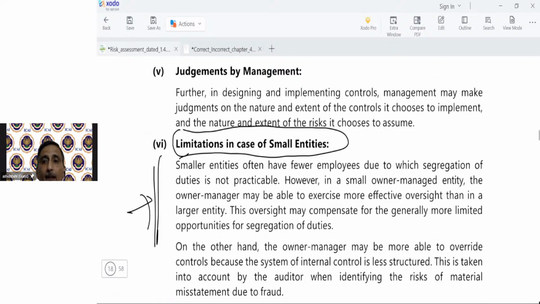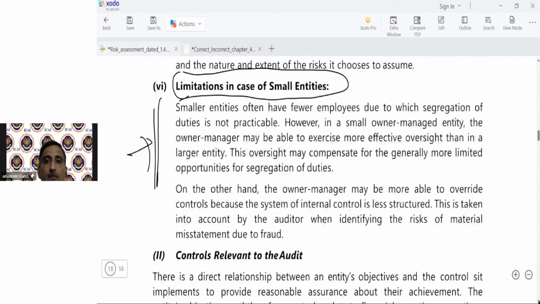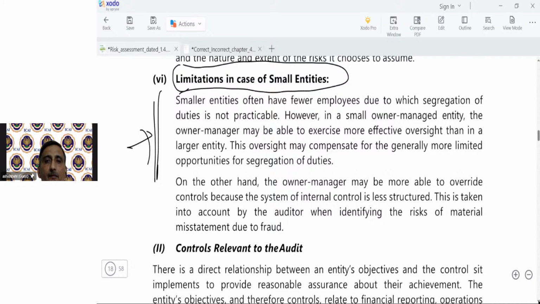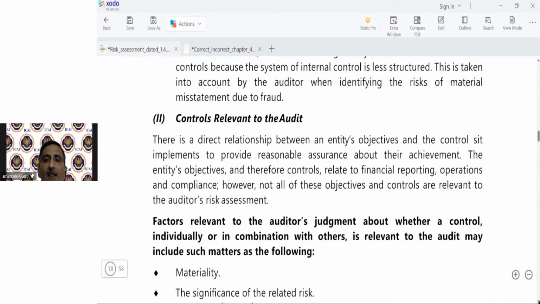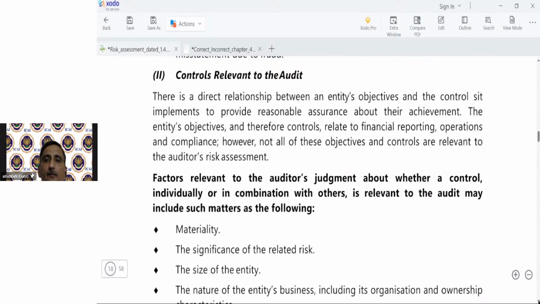Okay, so there can be more scope of misstatements also. Now, controls relevant for audit. What we had discussed initially, controls relevant to audit.